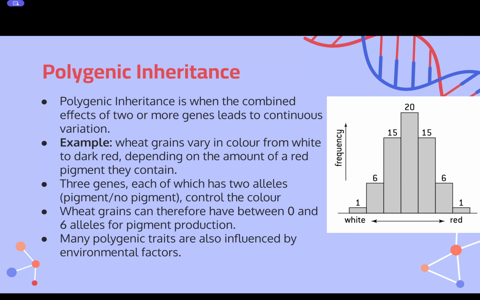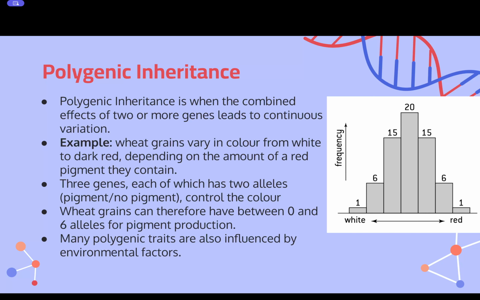That's because there are multiple genes that contribute to that one particular characteristic, and there are also environmental factors which both together affect how the characteristic occurs in humans or plants or anything else.